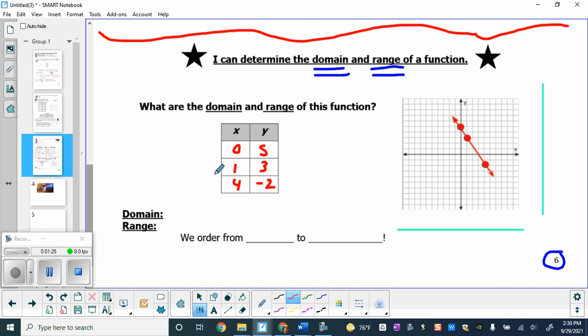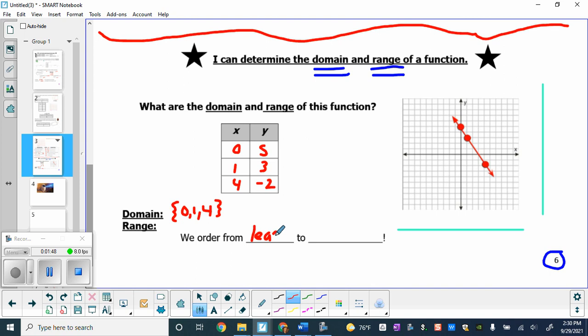Now, when you see the table of values, it's very easy to see that the domain is going to be the 0, the 1, and the 4. So you can go ahead and jot that down with me. And the range is going to be the 5, the 3, and the negative 2. Now, when we are listing domain and range, we order from least to greatest.